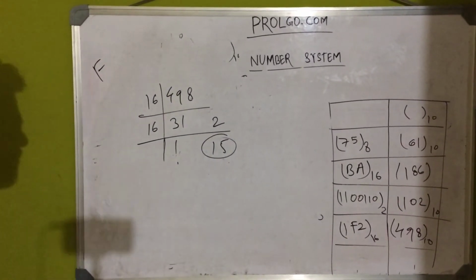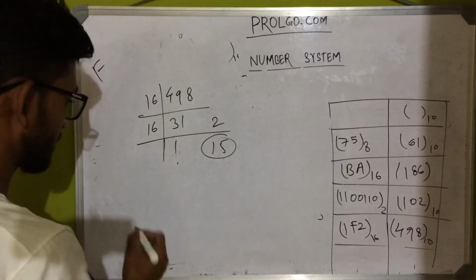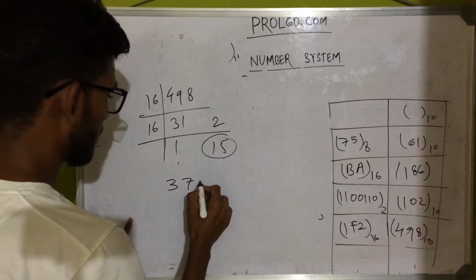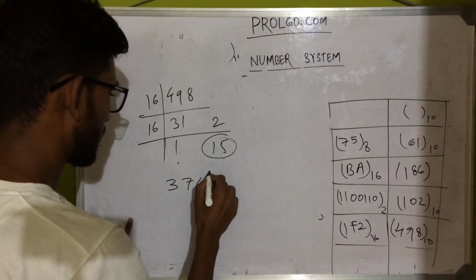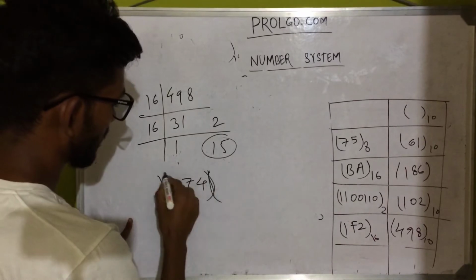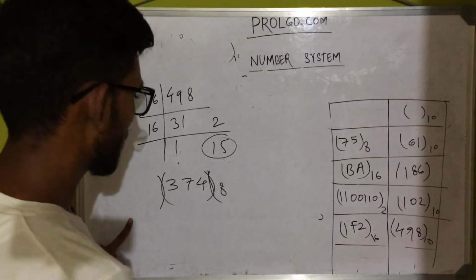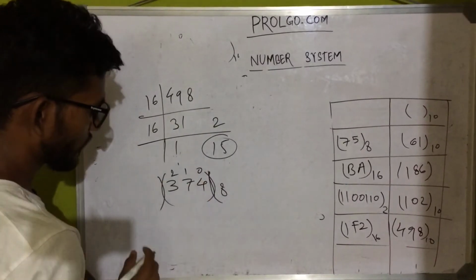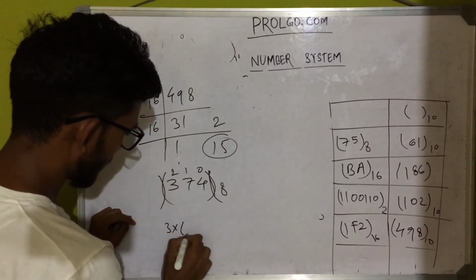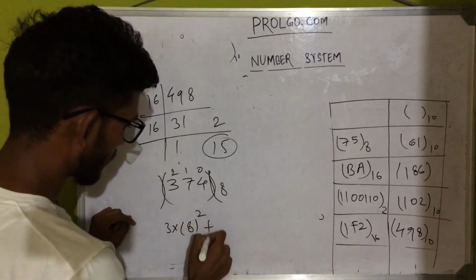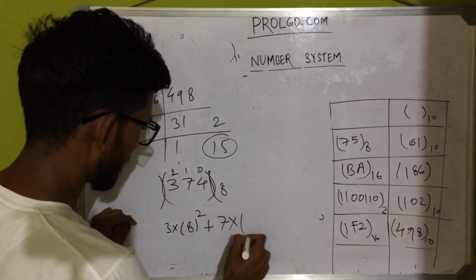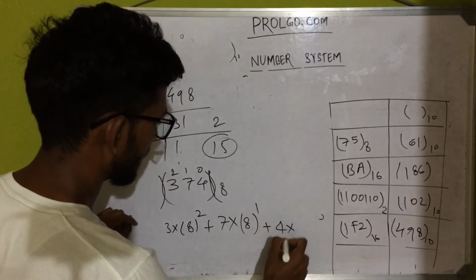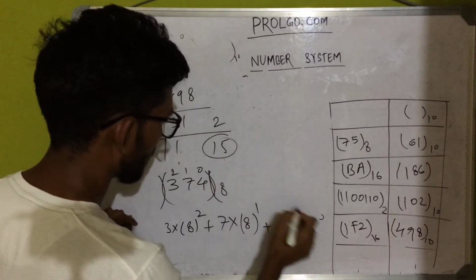So now I'll just take one more example. Let me take 374 in octal and convert it to decimal. So how can we do this? Positions 0, 1, 2, so 3 into 8, base to the power 2, plus 7 multiplied by base 8 to the power 1, plus 4 into base 8 to the power 0.